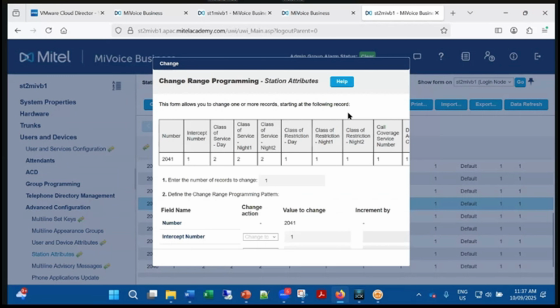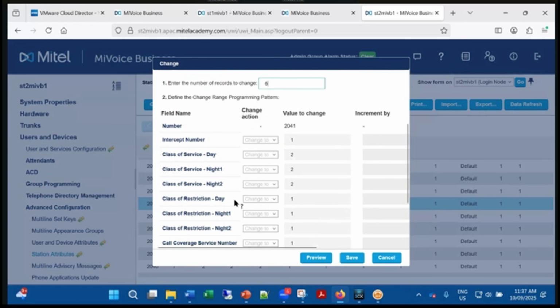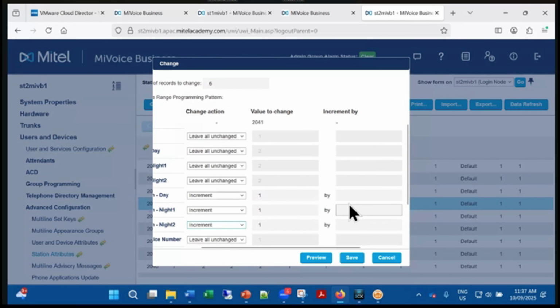I can do a range programming. 2041 to 6 is 6 numbers, 2041 to 2046. I want the class of restriction day. Class of restriction day, I want to increment. Starting from 1, increase by 1.